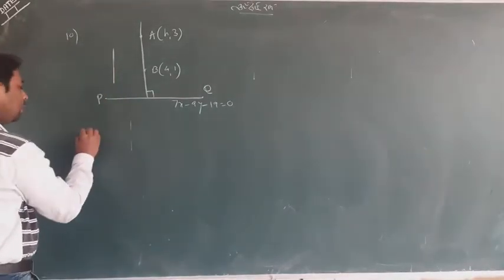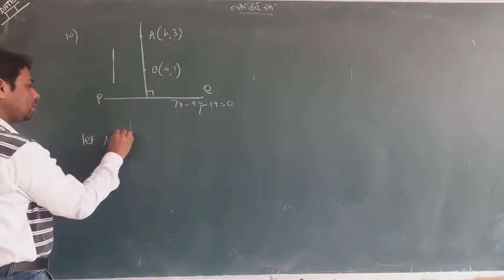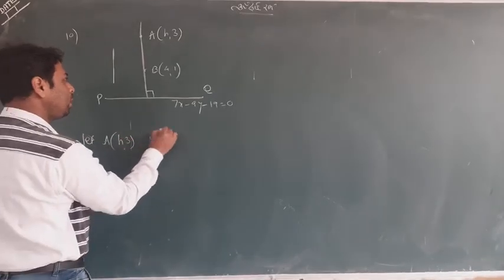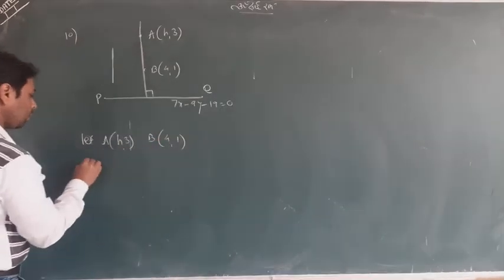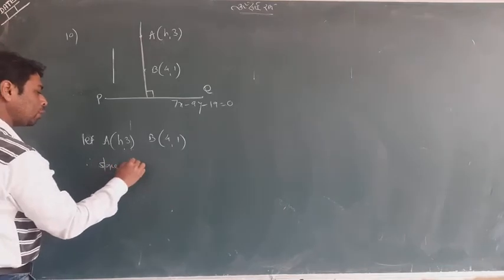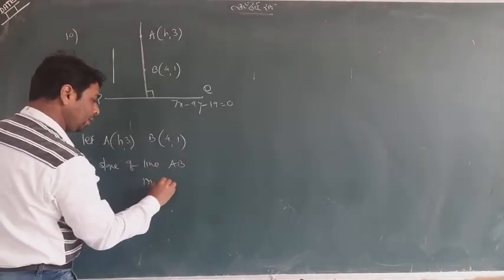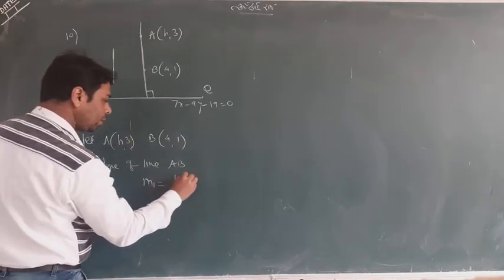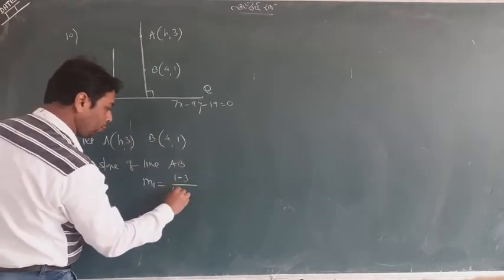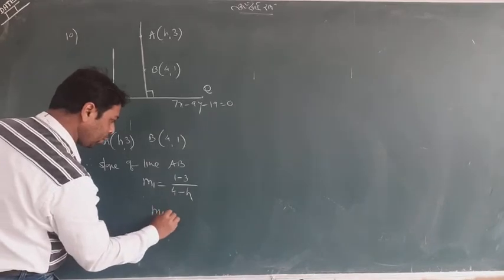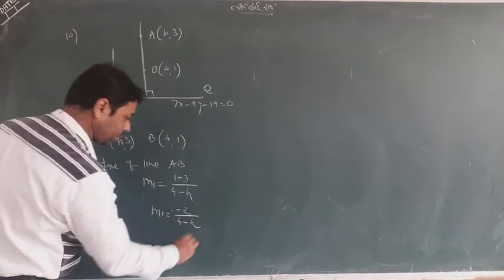So I write here, let A is (h, 3), B is (4, 1). I just want to find the slope of the line AB, which I say m1, y2 minus y1 upon x2 minus x1. Hope you remember this formula. m1 equal to -2 upon 4 minus h.